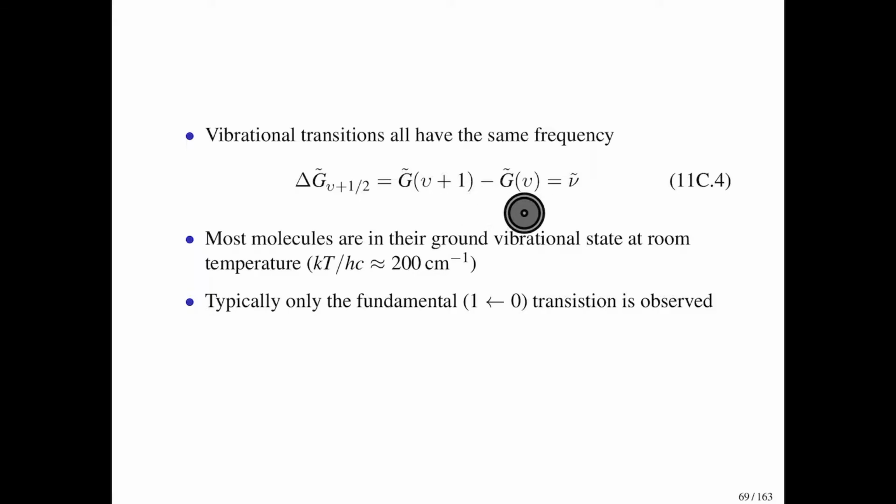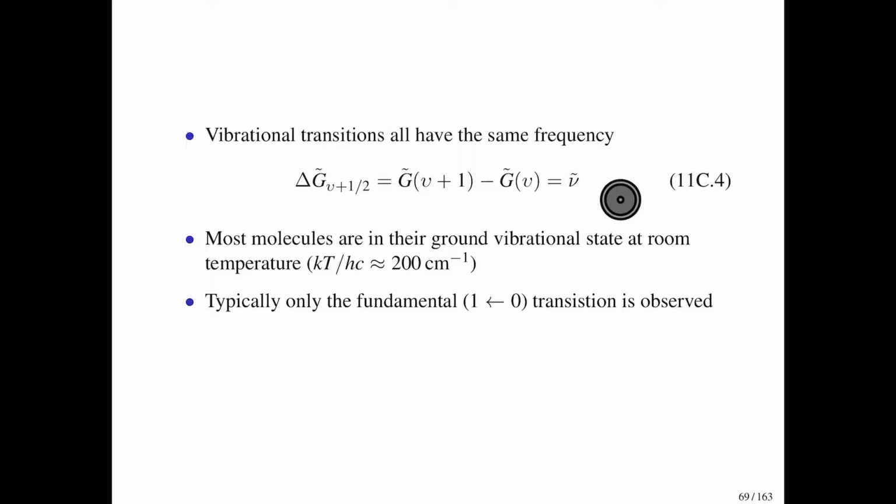If you're going to have a transition from quantum state upsilon to state upsilon plus 1, what would be the frequency difference between them? Well, what we find is that the frequency difference is independent of the quantum number. So all vibrational transitions have the same frequency. And that's a characteristic of the harmonic oscillator model because it has equally spaced energy levels.